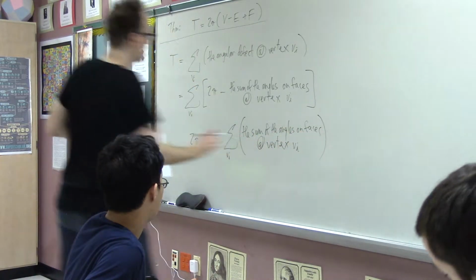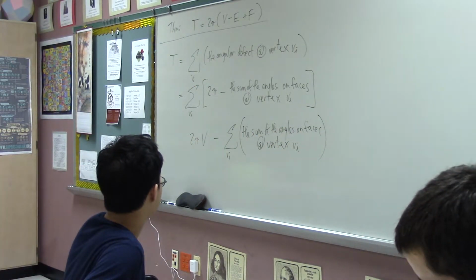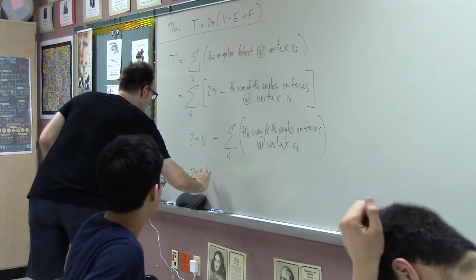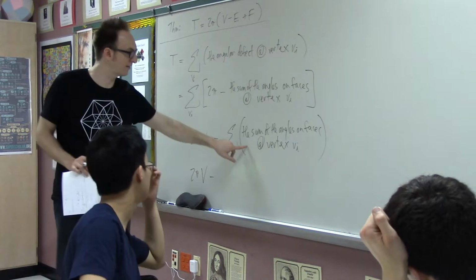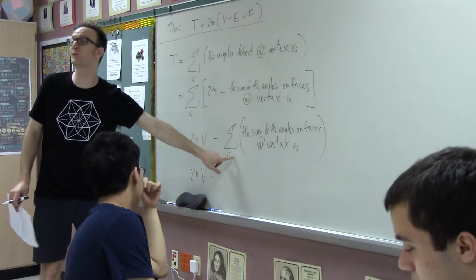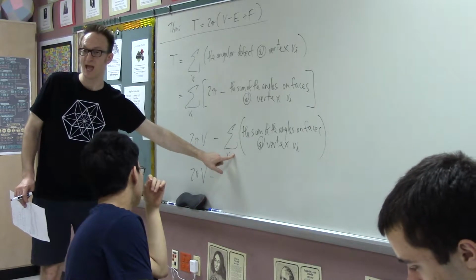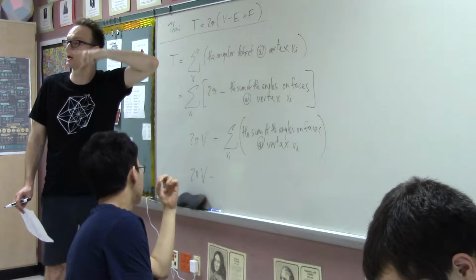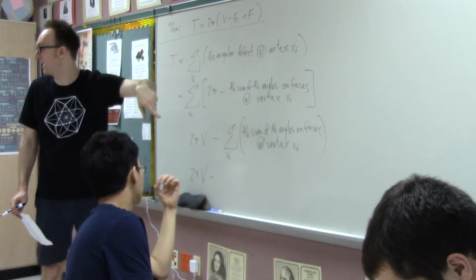Okay, good. Well, now I can reorganize all of these angles, because what I'm really doing now is going through vertex by vertex, looking at a particular vertex, and at all the angles that meet at that vertex, right?